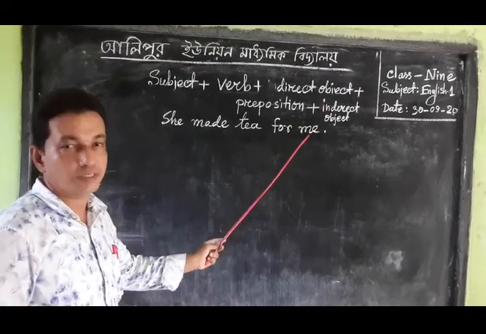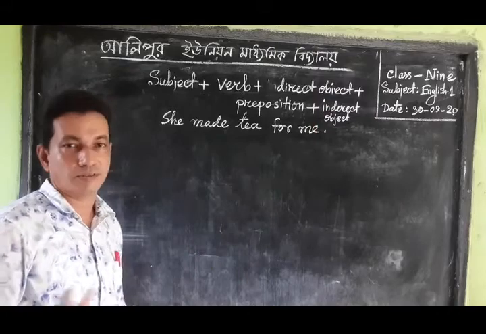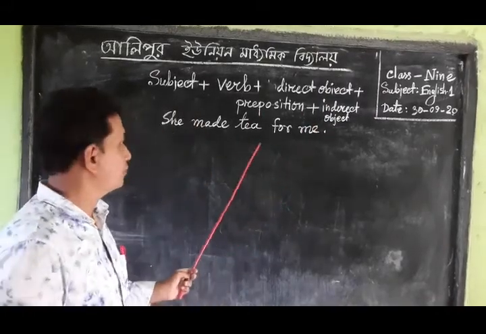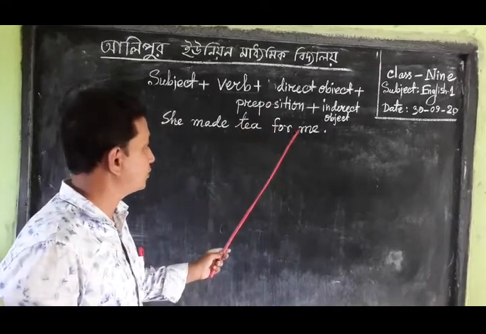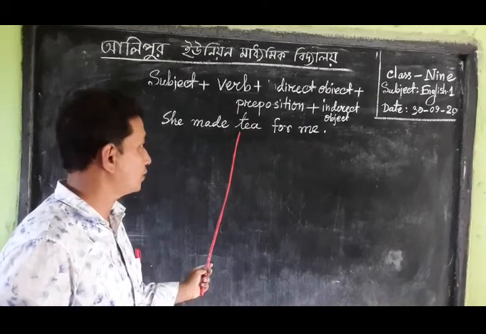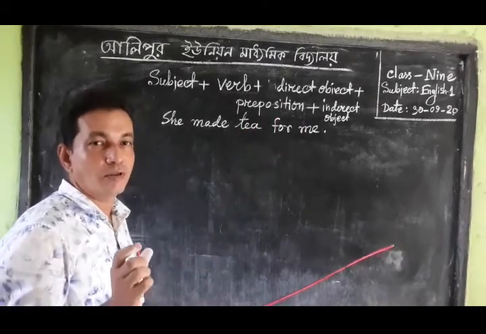It's the indirect object because me is the name of a person, it is not a thing, so it is called indirect object. And when we separate the indirect object from the direct object, we must use a preposition between these two objects.